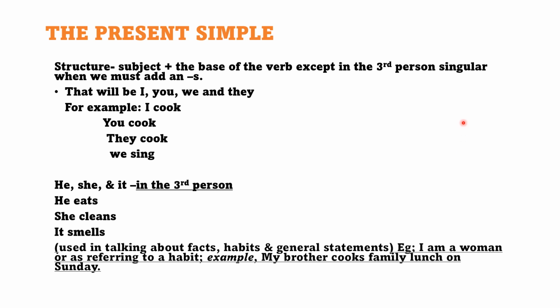He, she, it. In the third person, he is, she is, it smells. It is used in talking about facts, habits, and general statements, e.g., I'm a woman, or referring to a habit. Example, my brother cooks family lunch on Sunday.